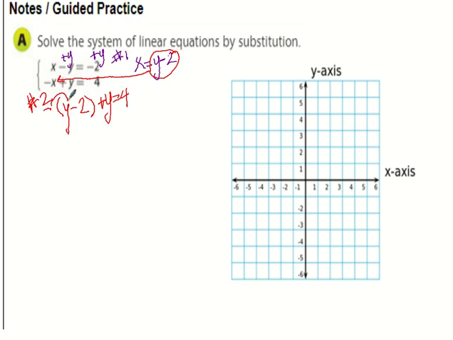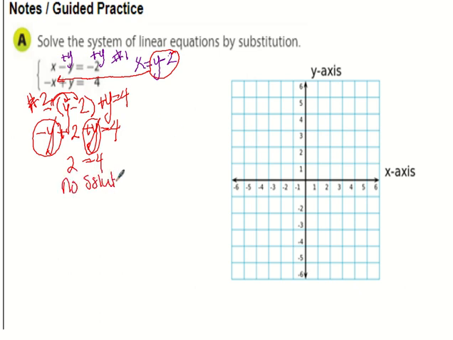So I'm going to distribute the negative. I get negative y plus 2 plus y equals 4. And I have a negative y and a positive y, so they actually cancel each other out. And I get 2 equals 4. And 2 will never equal 4, so we're done. This is a no solution.